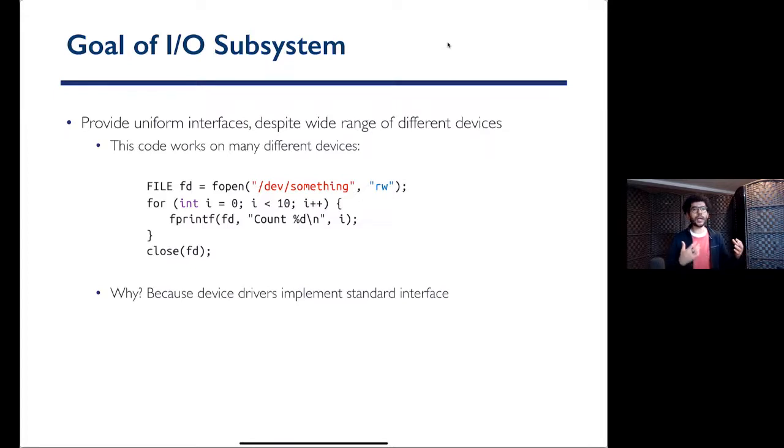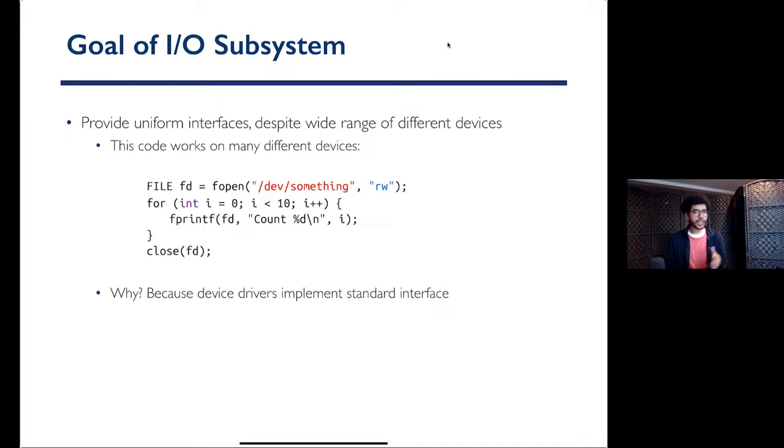We're going to assume that all our devices are just files, and we're going to read and write to and from these files. This way, we don't really care what device it is, how fast it is, or what protocol it implements.